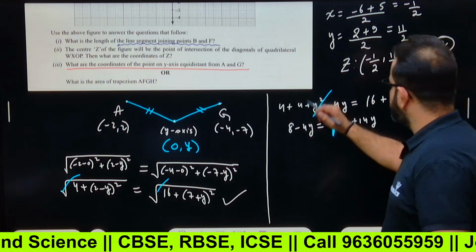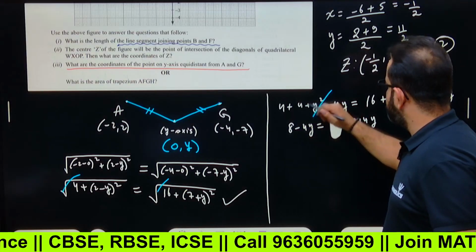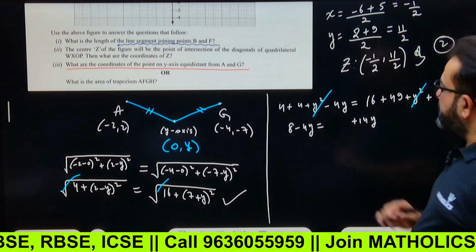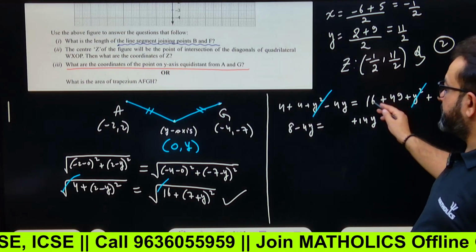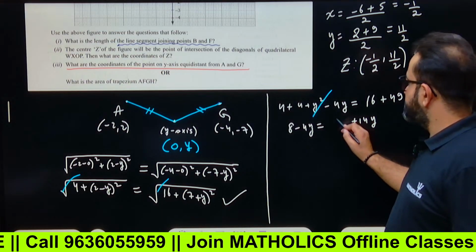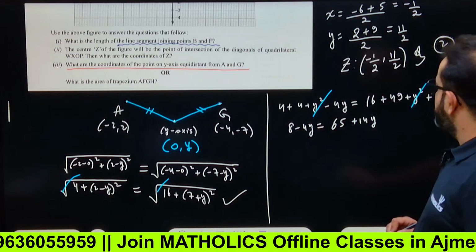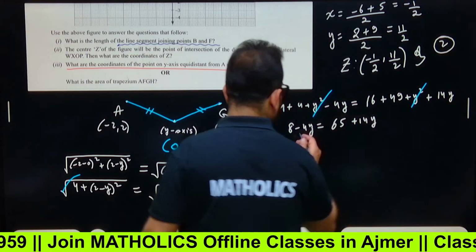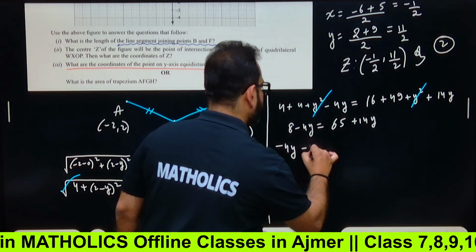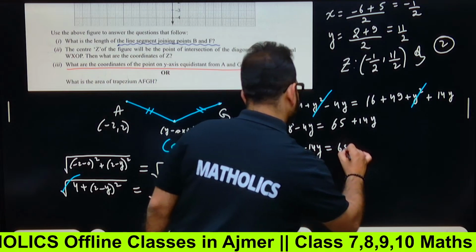I think everyone is comfortable with these calculations at least. Yes or no? 16 and 49 is 65. So now bring y on this side. That means minus 4y minus 14y equals 65 minus 8.